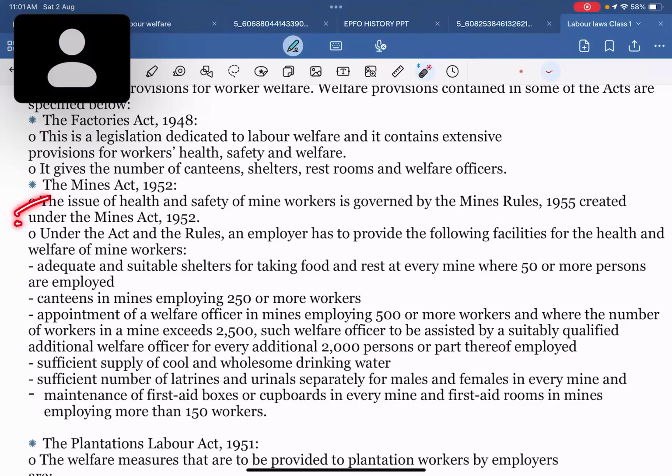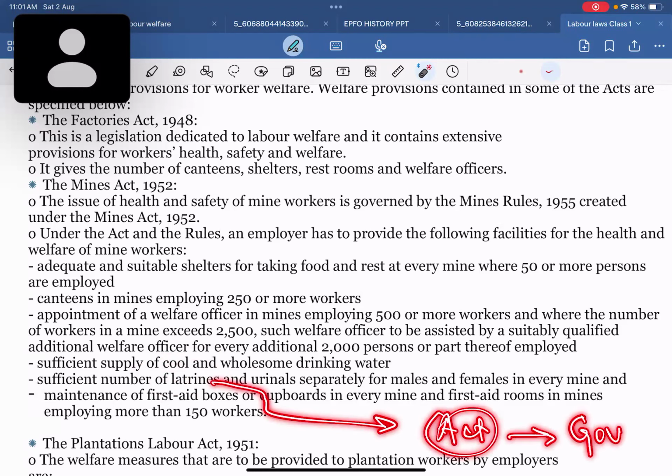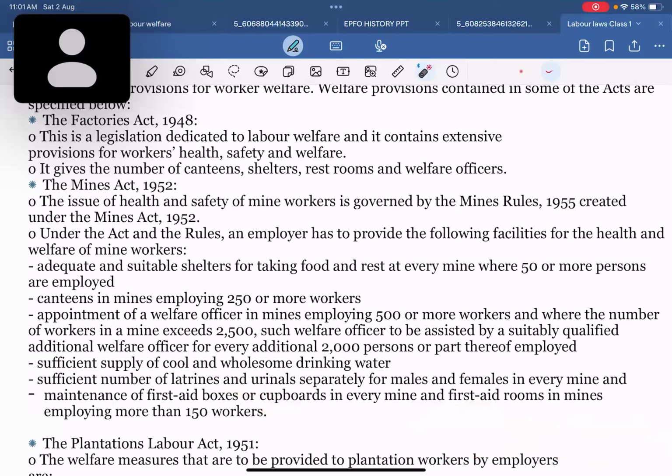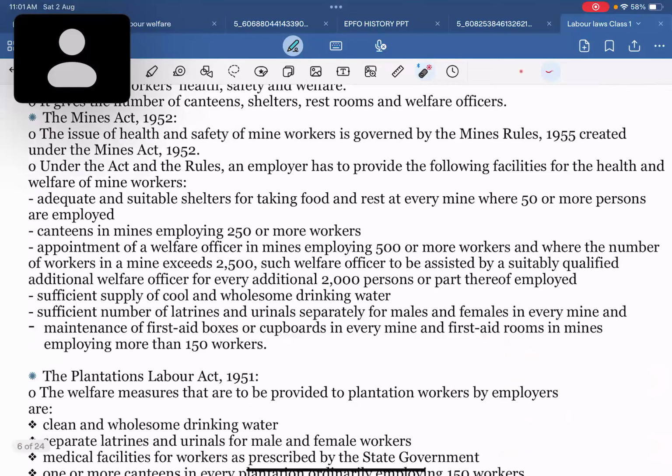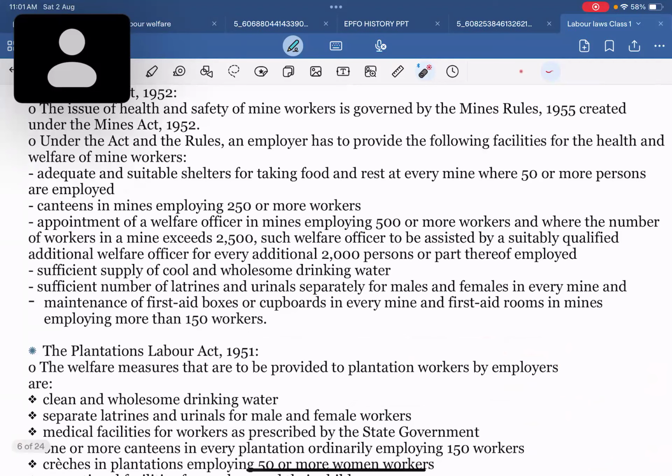Sufficient supply of cool and wholesome drinking water, sufficient number of latrines. Exactly this word is used in the act on the government website, so do not think that I have put it here. Okay, sufficient numbers of latrines and urinals.